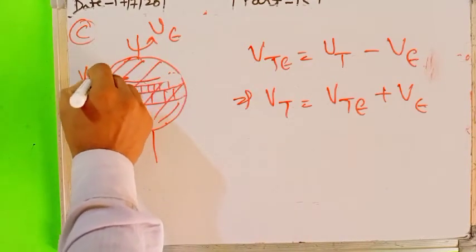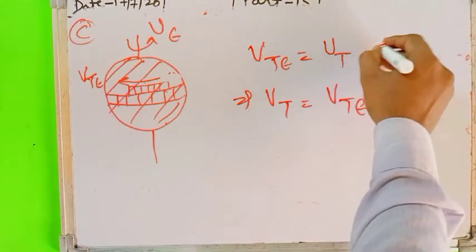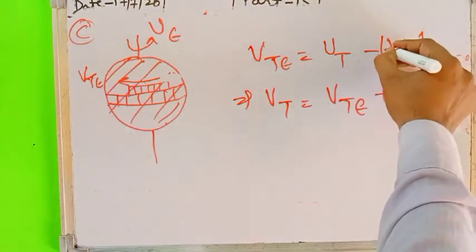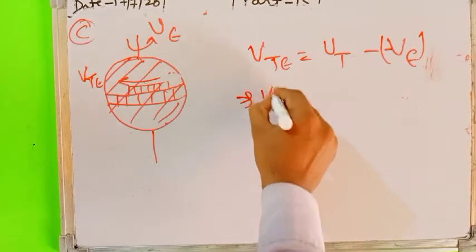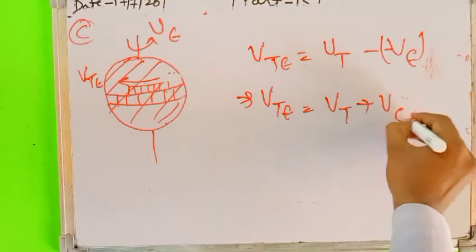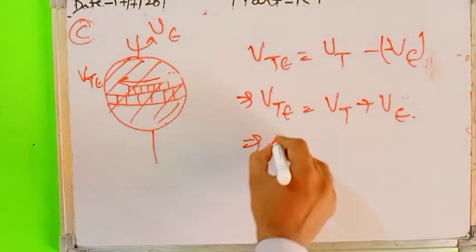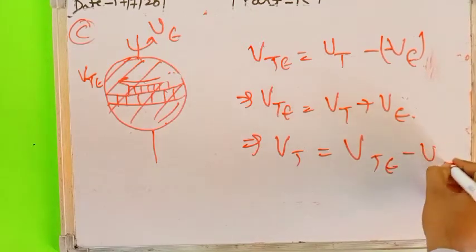The velocity of train is opposite to the velocity of earth, and in this case the velocity of train relative to earth is equal to velocity of train plus velocity of earth, and now velocity of train is equal to velocity of train relative to earth minus velocity of earth.